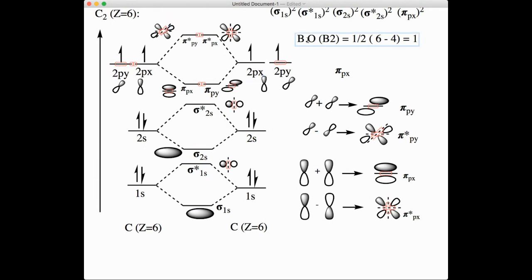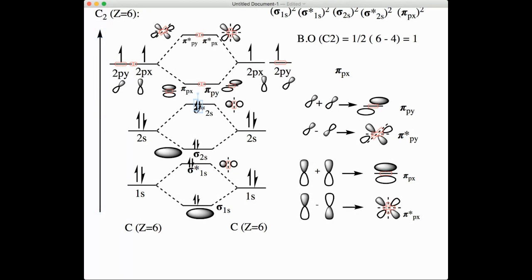So I need to add the total number of electrons in each carbon atom, because I have 6 in each of them. The total number is 12. So I'm going to fill up my molecular orbital diagram with 12 electrons from bottom to top. So I'm going to place 2 here, 4, 6, 8, and I'm gonna do this differently.